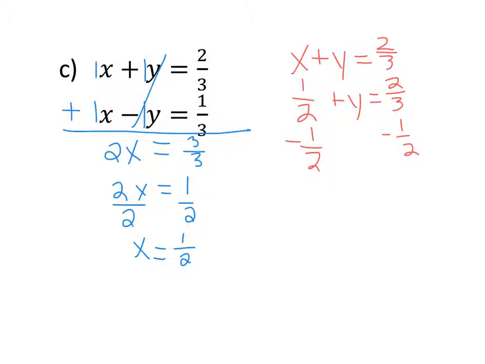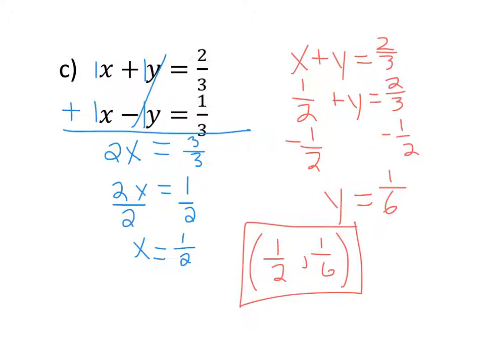You can type in 2/3 minus 1/2 and use math enter, and it will give you a result of 1/6. So y equals 1/6. So the solution to this system, or in other words, where the lines intersect, is 1/2, comma, 1/6.